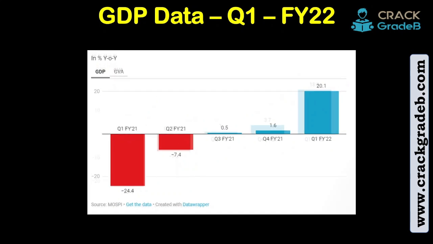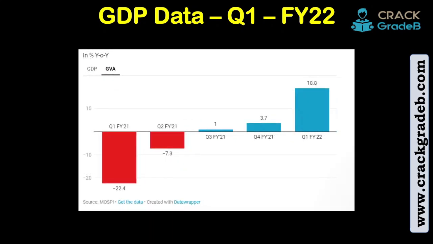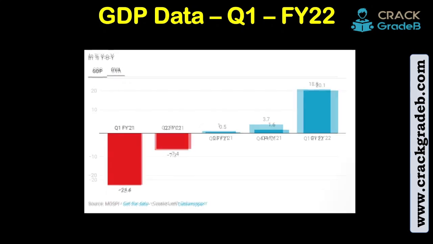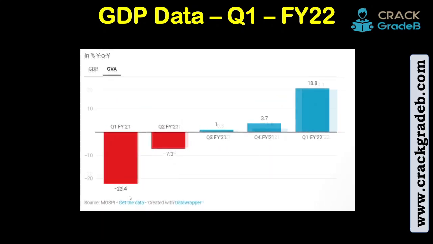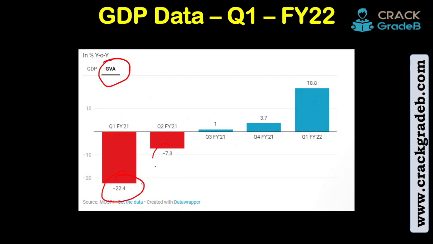Before we understand what base effect is, this is the slide for the GVA. I'm not going to read all the things. You can pause the video and look at the data. The trend is the same. Here it was minus 24.4%, here it's minus 22.4%, then minus 7.3%, and here it started to grow till 18.8%.